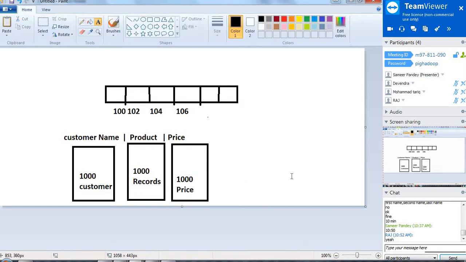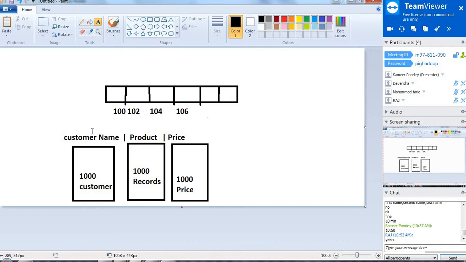Now tell me, if I go column wise and try to compress it, can we do it? There are 1,000 customer records, but there is a possibility that most of the customers' names are similar, right?